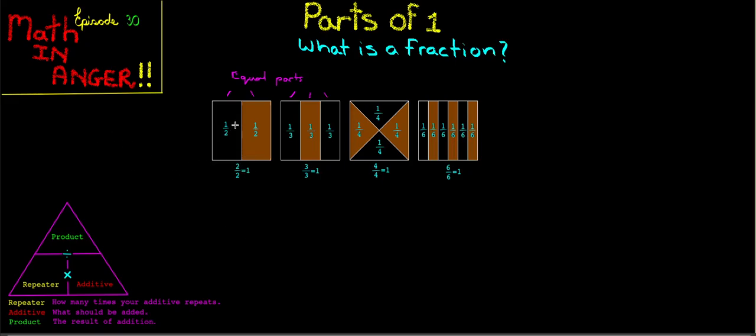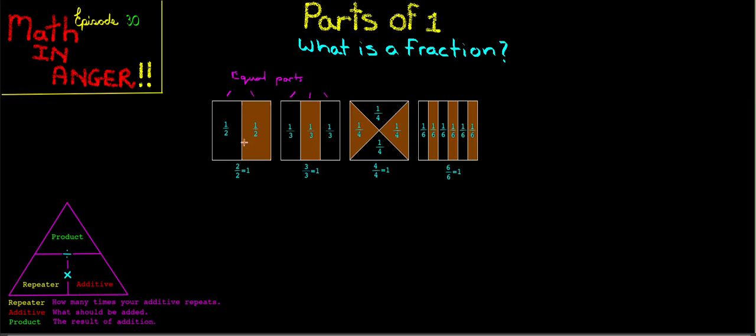So when I say I've got one of two, what it means is I've got two pieces that form part of one thing, and they are both equally sized. They weigh the same, they're the same length, they're the same size.